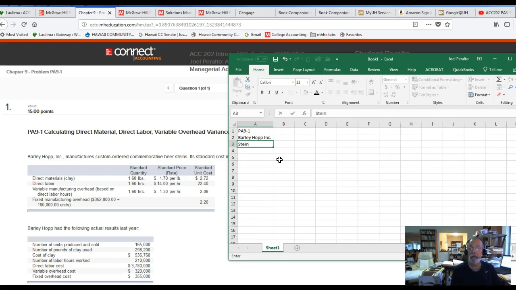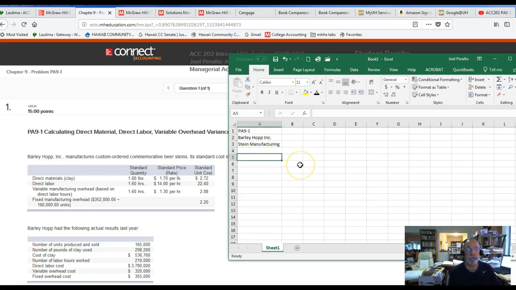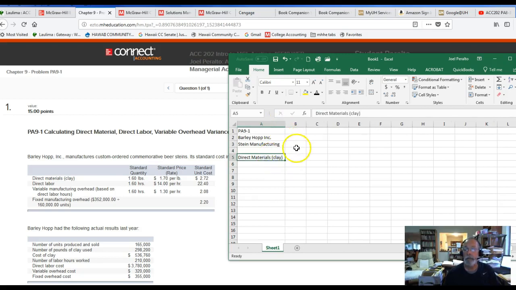Let's say Stein Manufacturing, and so we have direct materials, which is our clay, and our standard quantity.